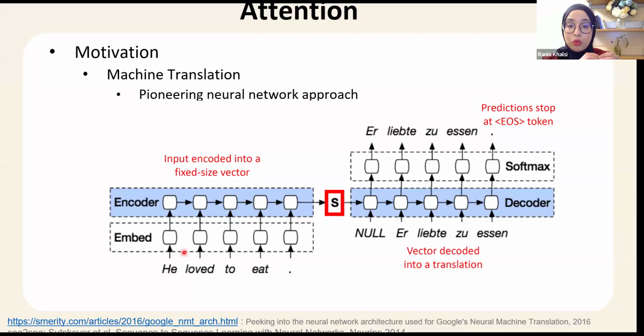It's going to transform the numerical representation of the input, which is called the embedding, also called the encoded vector. So the encoder is going to consider the embedded representation of the input.